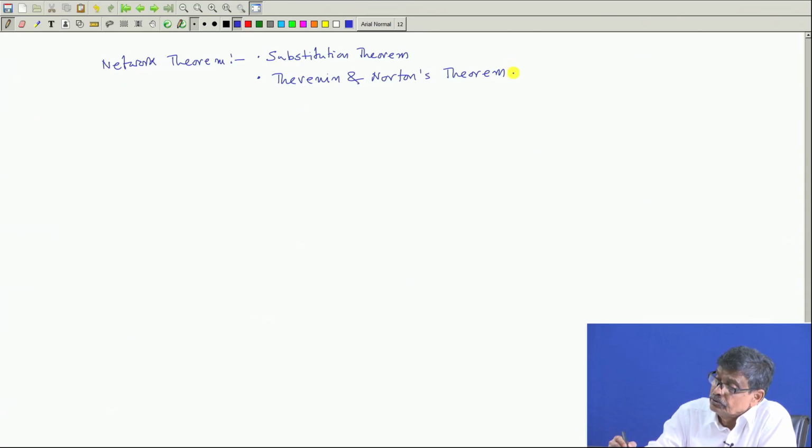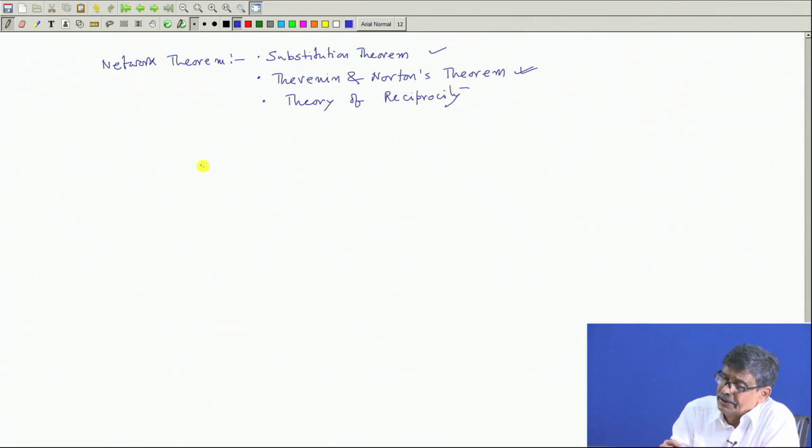Those topics, please go through them, they are very interesting. Then we did the theory of reciprocity. And then today, for example, we have done Millman's theorem, which I missed earlier.